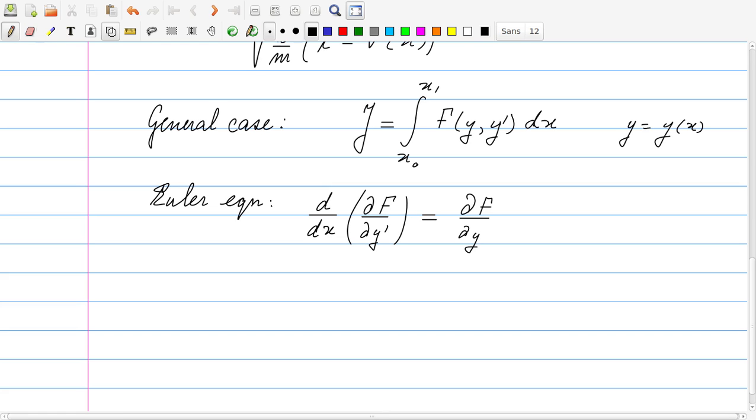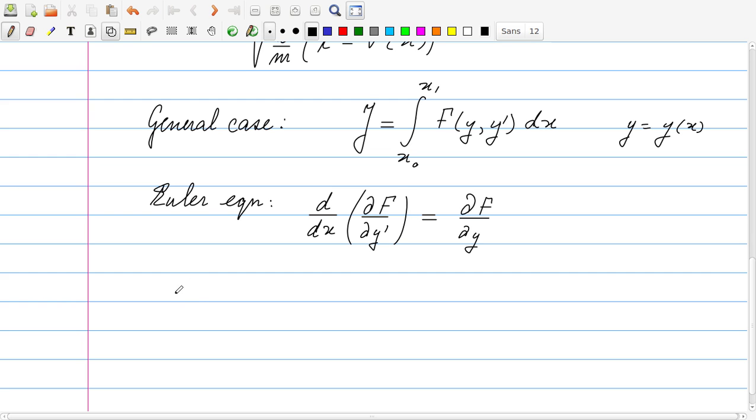For this problem, the Lagrange equation, which we now call the Euler equation, is d/dx of df/dy' is df/dy. So this is the form of the Lagrange equations in classical mechanics.